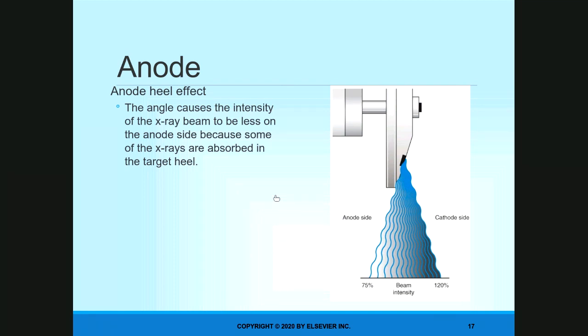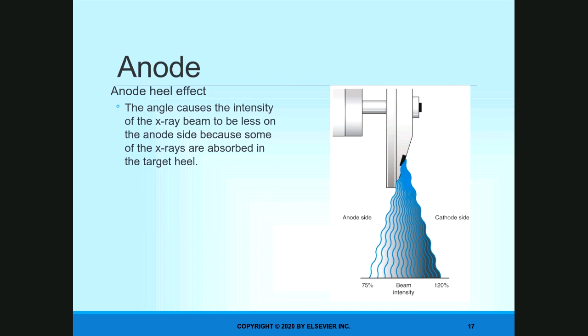All right, and because of that, what you also end up having happen is that the heel of the anode, meaning this portion right here, actually can absorb some of the radiation that you create, right? Because it has to pass through that in order to get out. But if you look on this side, there's nothing but air to interact with, correct?